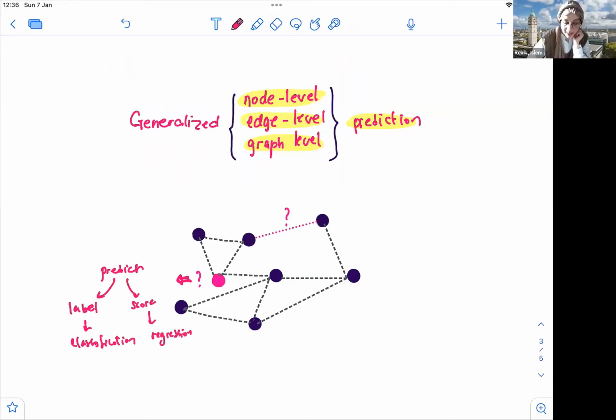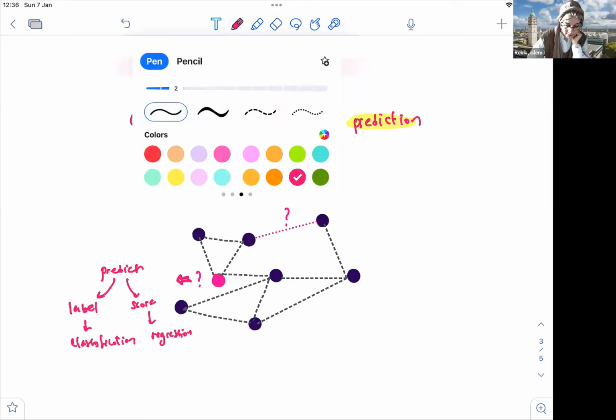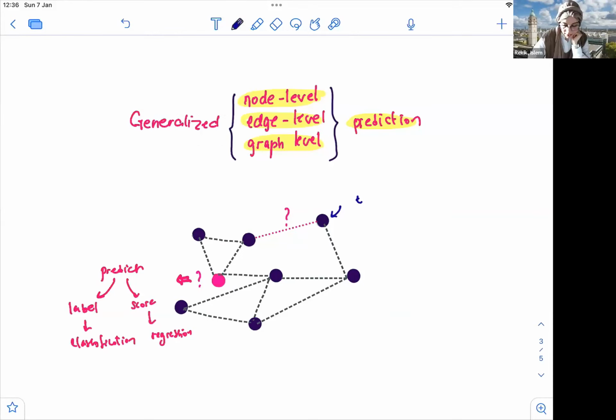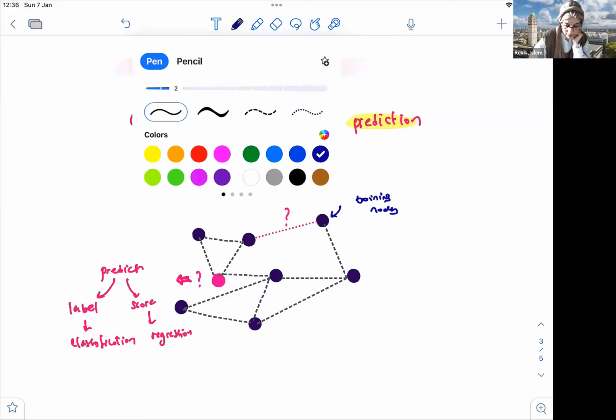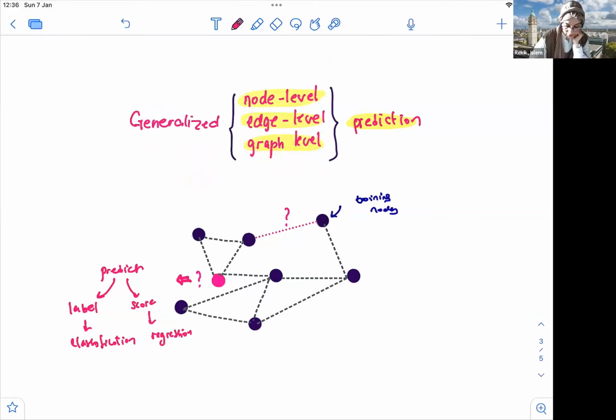We're trying to predict the value of this particular node, given the other nodes. These other nodes would be, for example, the training nodes, and this is a test node that we want to predict its value. So this is what we call node level prediction.